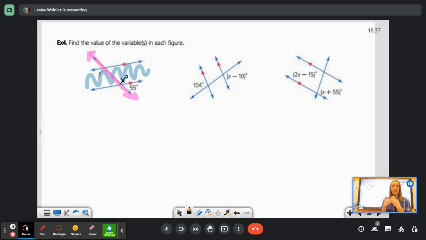So those two have to add up to 180. So X plus 55 has to equal 180. If I subtract 55 from both sides, I get that X is 125.